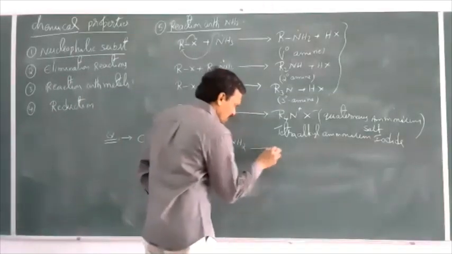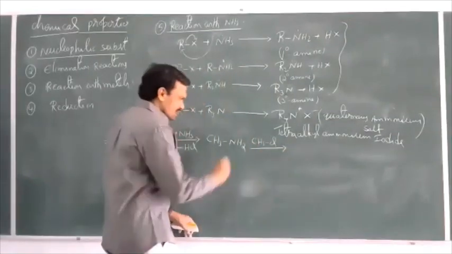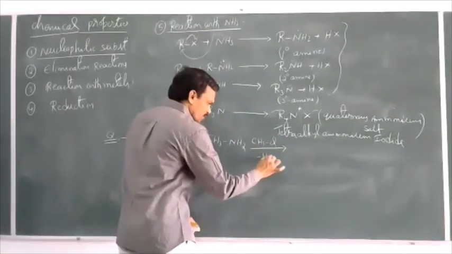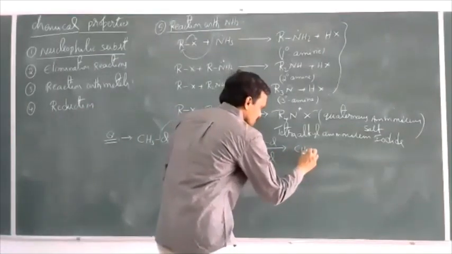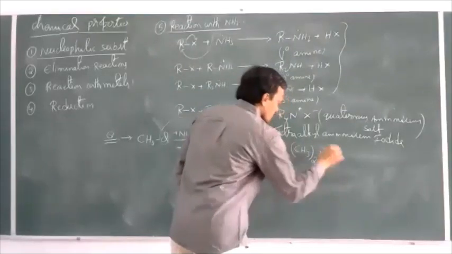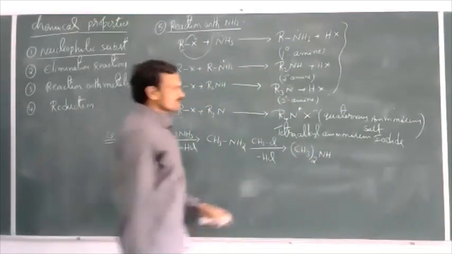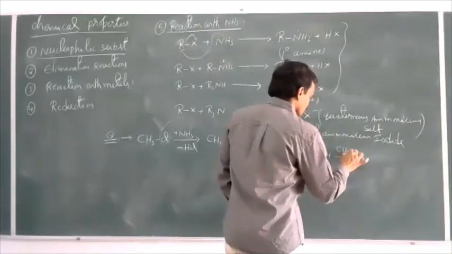And this methylamine further reacts with one more molecule of methyl chloride, again with elimination of HCl molecule. Then what can you get? (CH3)2NH. Again this can react with haloalkane RX, that is methyl chloride.